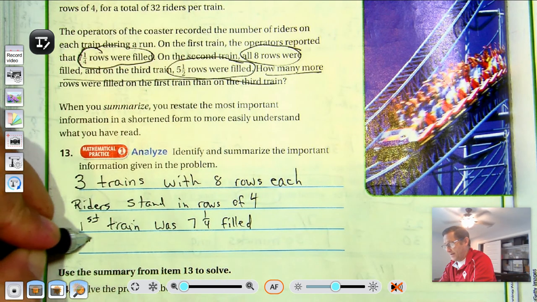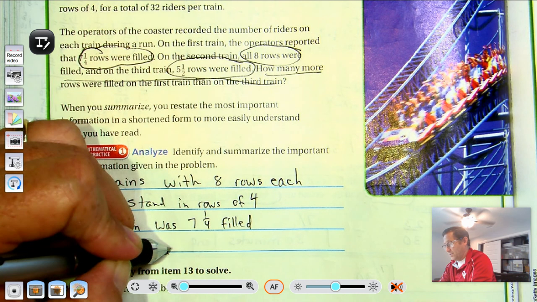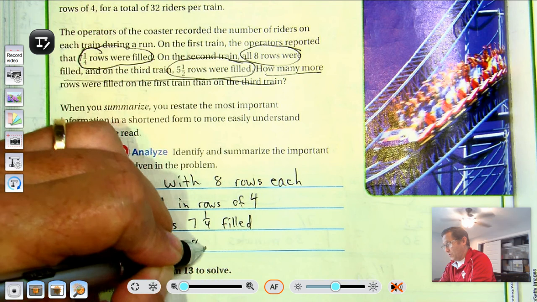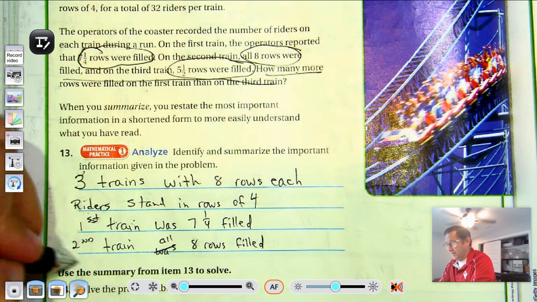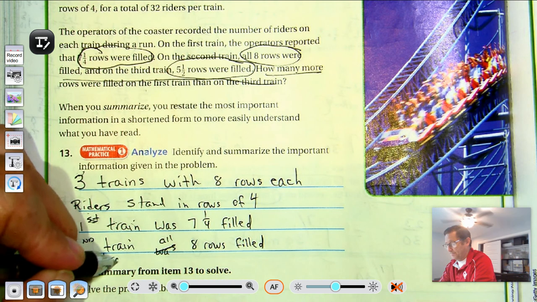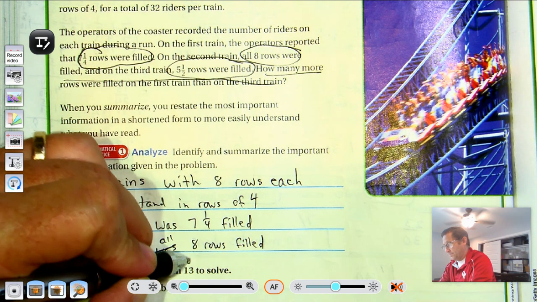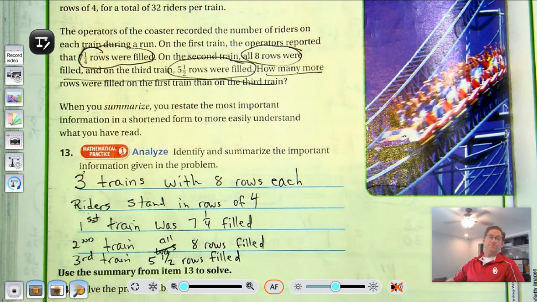The second train all 8 rows were filled, and in the third train, 5.5 rows were filled.